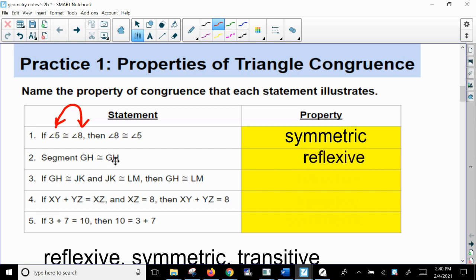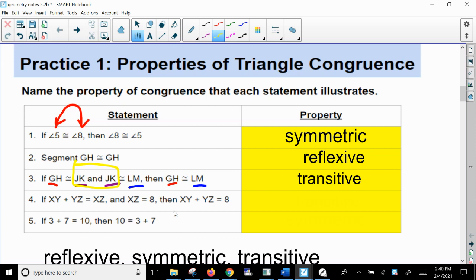It's congruent to itself. Number 3, if GH is congruent to JK and JK is congruent to LM, then GH is congruent to LM. Y'all recognize that? That's the transitive property. See that GH and LM are related because both of them related to the same guy. They both related to JK.